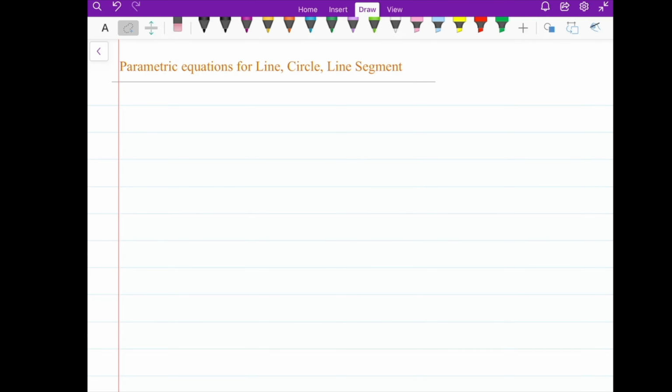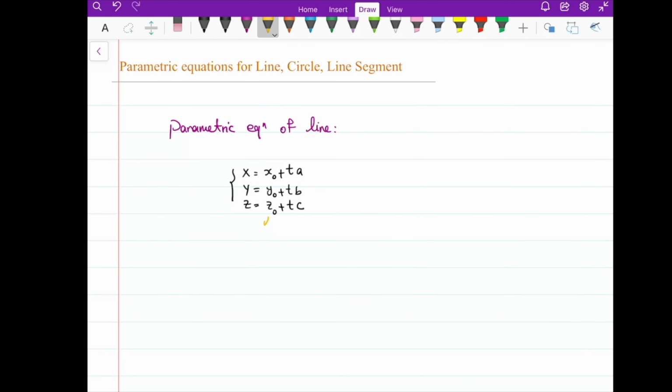So let's start with the parametric equation of a line. If you remember, for writing the equation of a line in space, x would be x naught plus the parameter t times a, y naught plus tb, and z naught plus tc.